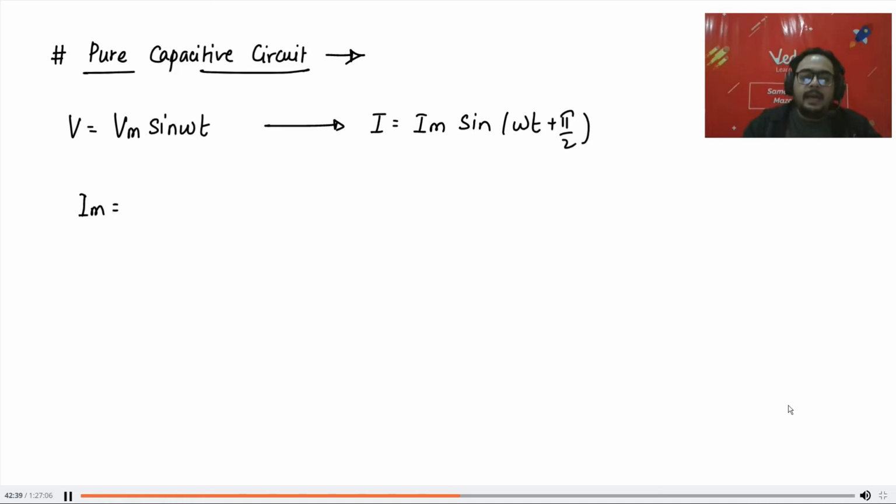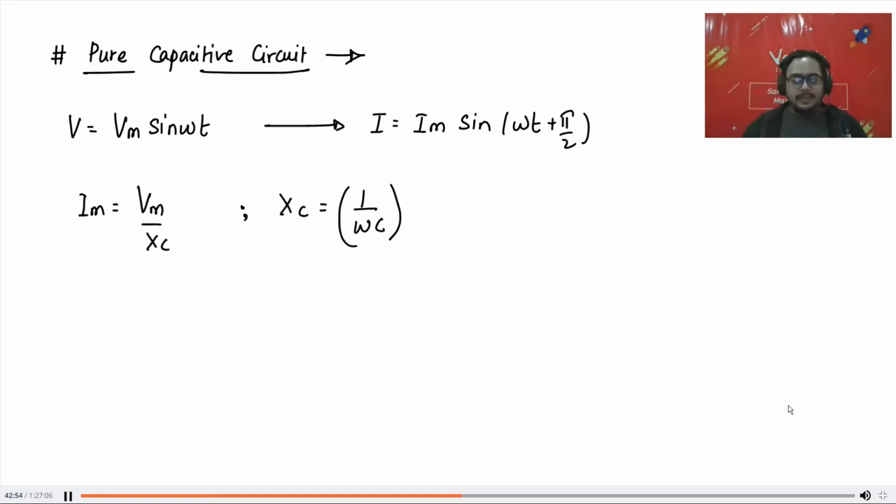Here Im is Vm by Xc, where Xc is capacitive reactance and value of Xc is 1 by omega C. XL was omega L, but Xc is 1 by omega C.